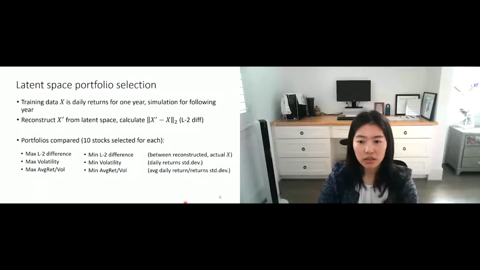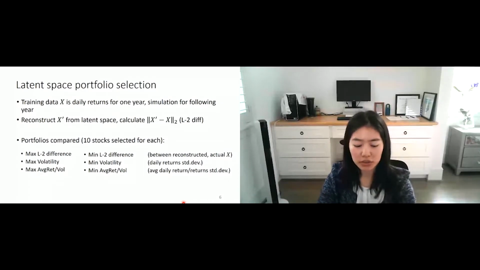And now that we have a latent space representation, we can use it to select portfolios and then test our portfolio performance. So in our setup, the training data is daily returns for 1 year, and then we do the simulation for the following year.